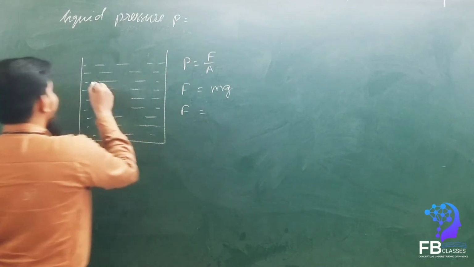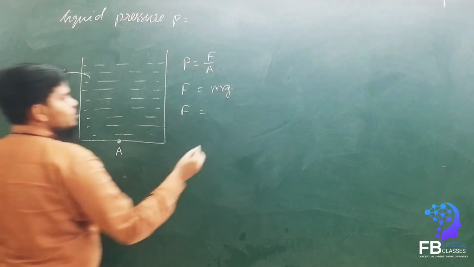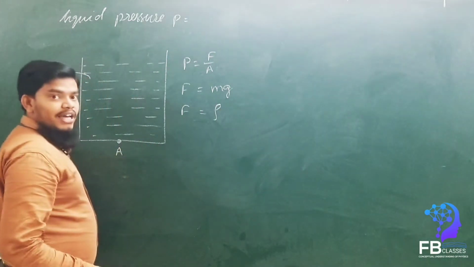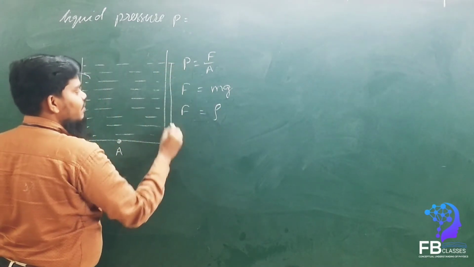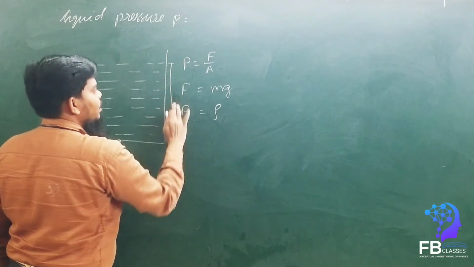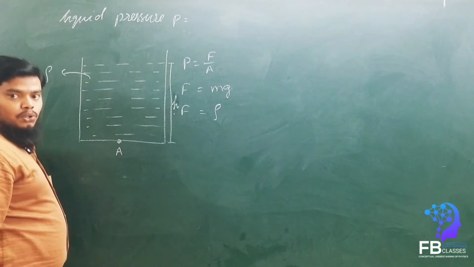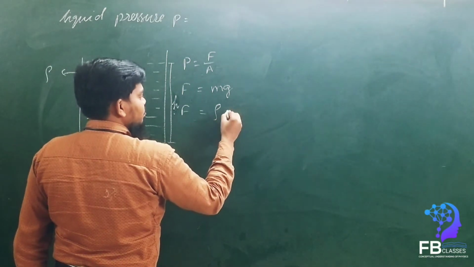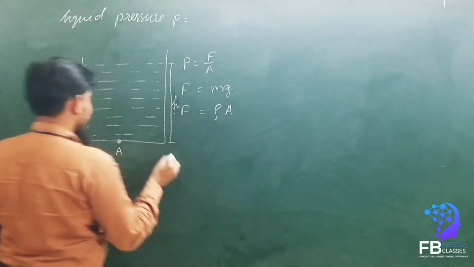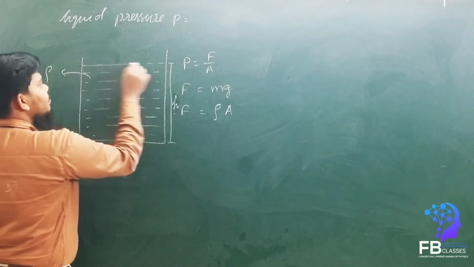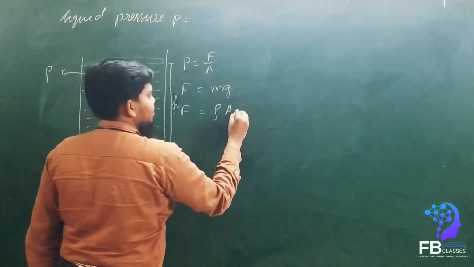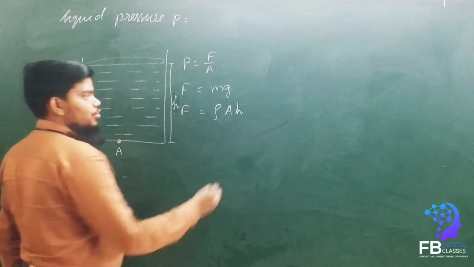So let the density of this liquid be considered as rho. The volume: let the height of the liquid column be h. So now F is equal to rho, volume is nothing but the cross-section area of the container A, into height h, into g.